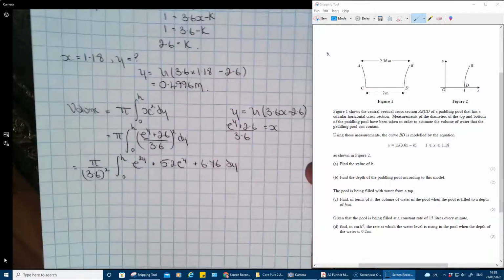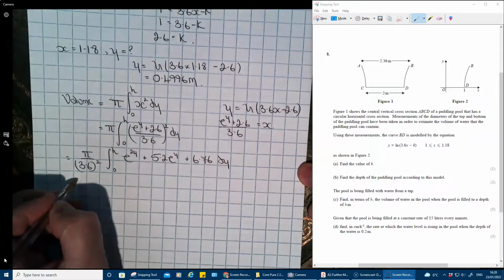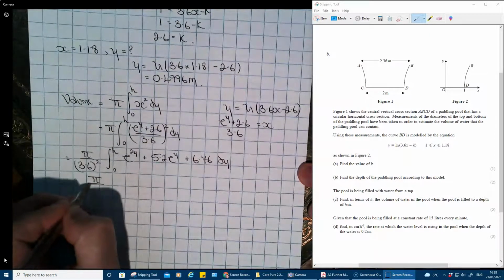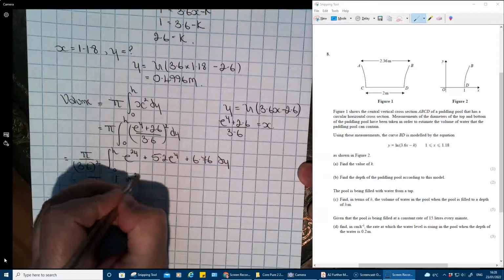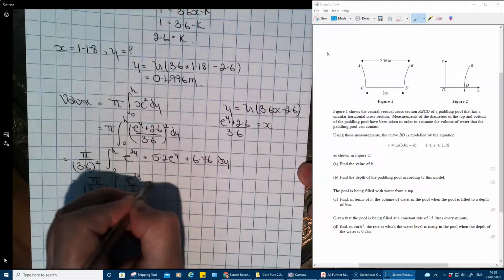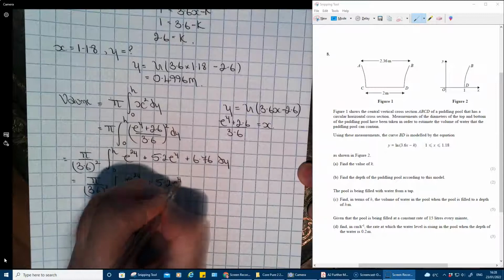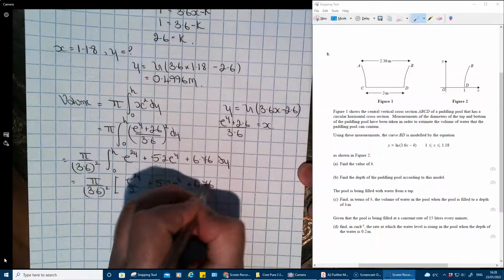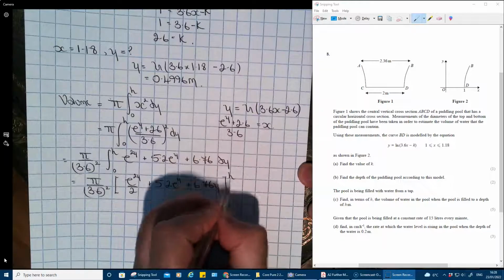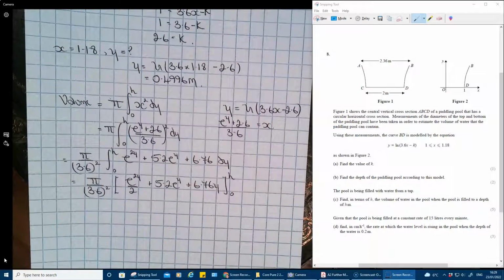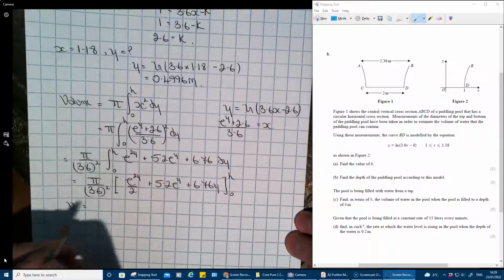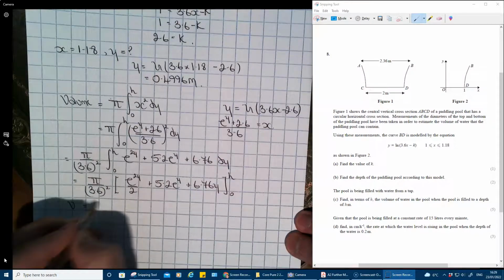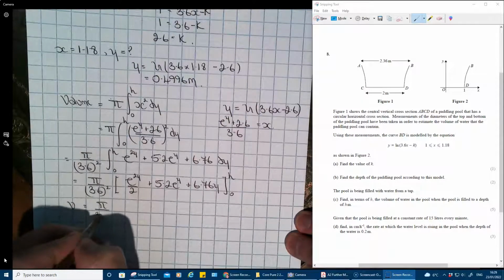Okay, so we're going to integrate that, and we get pi over 3.6 squared times e to the 2y over 2 plus 5.2 e to the y plus 6.76y, between h and 0. So we plug those in, and we get a volume which equals pi over 3.6 squared.